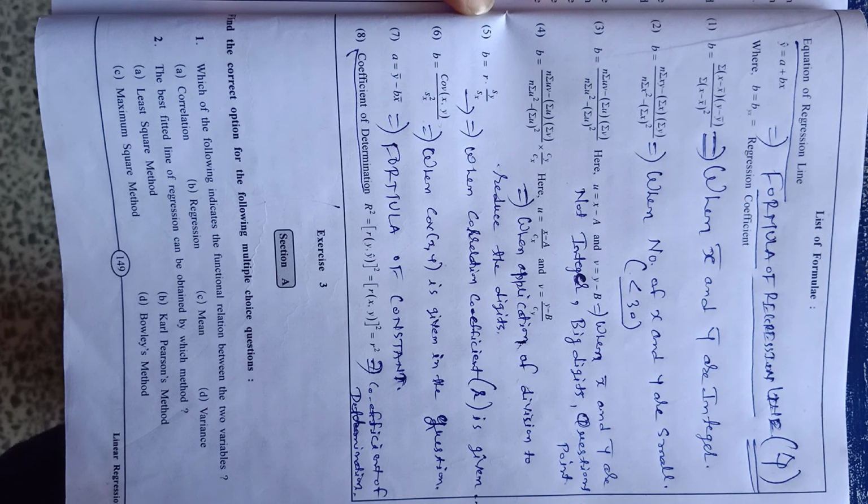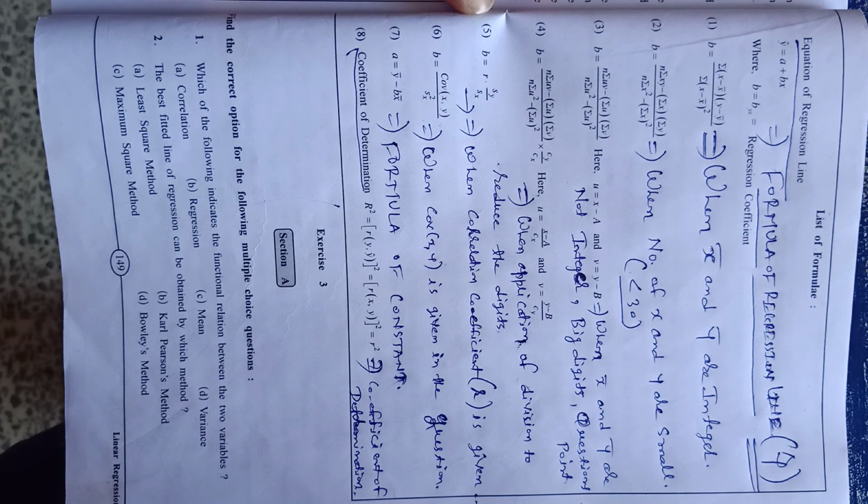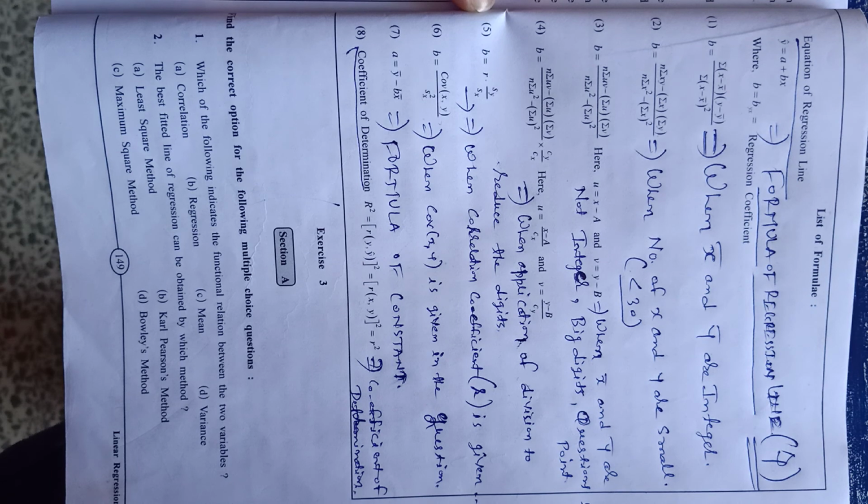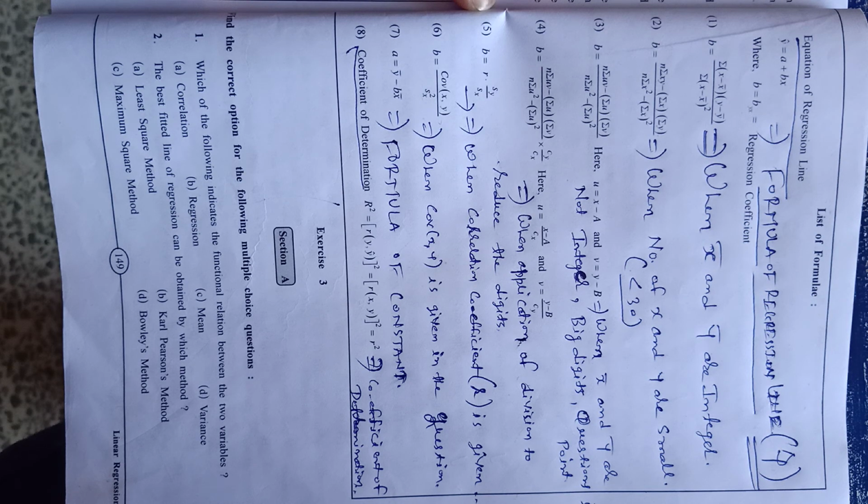In our previous video, we studied the meaning of linear regression, simple steps to find the regression line, methods of linear regression, and board weightage of marks of linear regression.